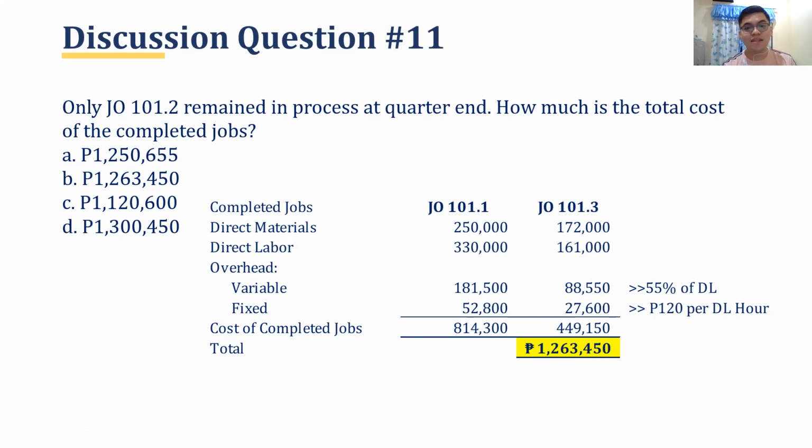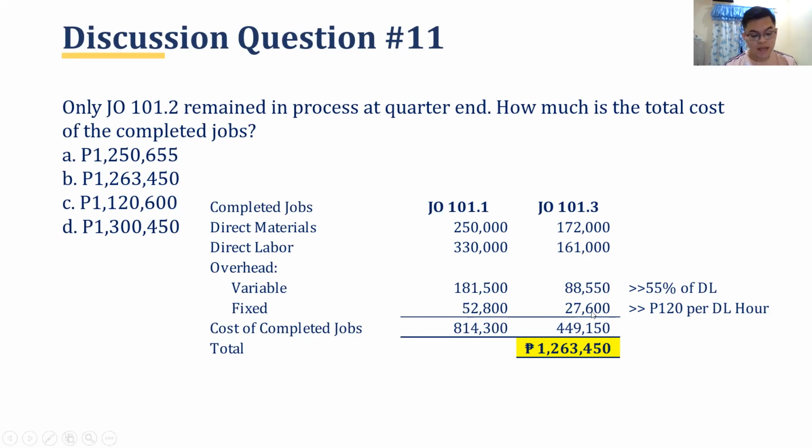So, copy mo lang si direct materials amounting to 172,000 based on the given. Tapos, i-copy mo lang din si direct labor, which is 161,000 based on the given. Then, another set, you apply the overhead, 161,000 times 55%, there you have 88,550 variable overhead.